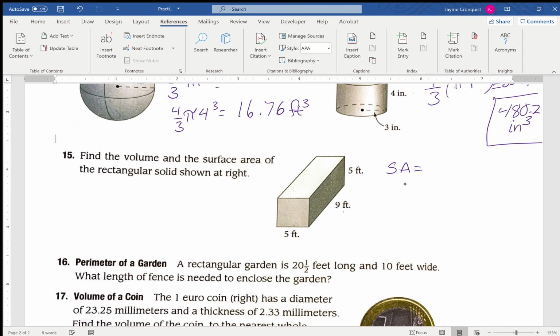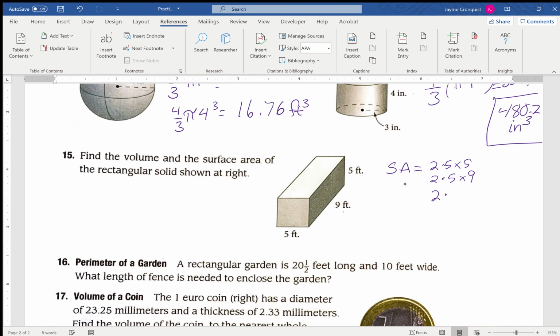So we have 2 of 5 by 5, and 2 of 5 by 9, and 2 more of 5 by 9s.